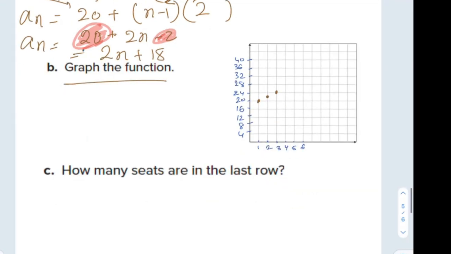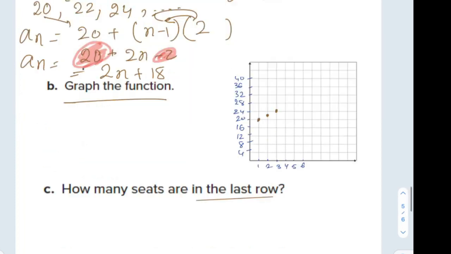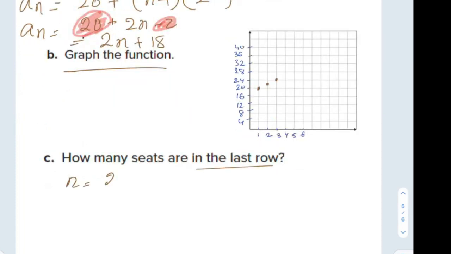How many seats are in the last row? We have 25 rows, so our n is 25, and I need to find a_25, which is a_1 plus n minus 1 times d. So I will replace every n by 25, every d by 2.